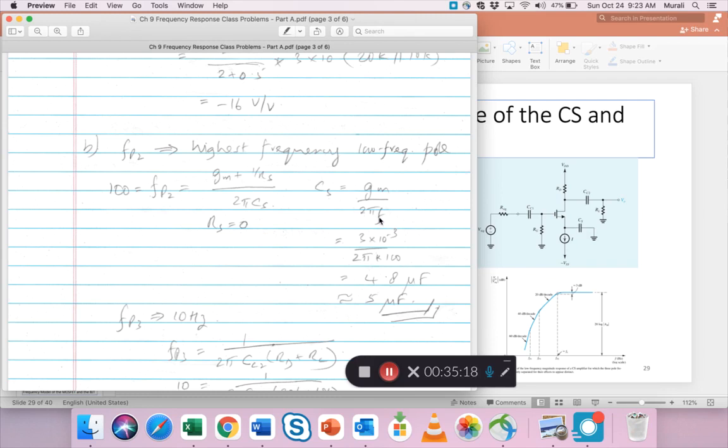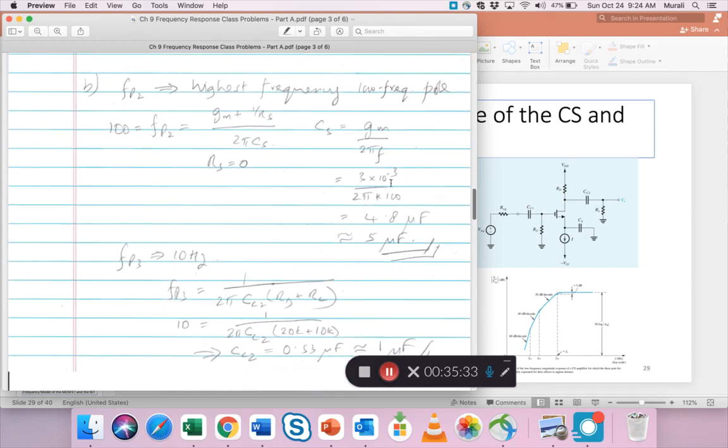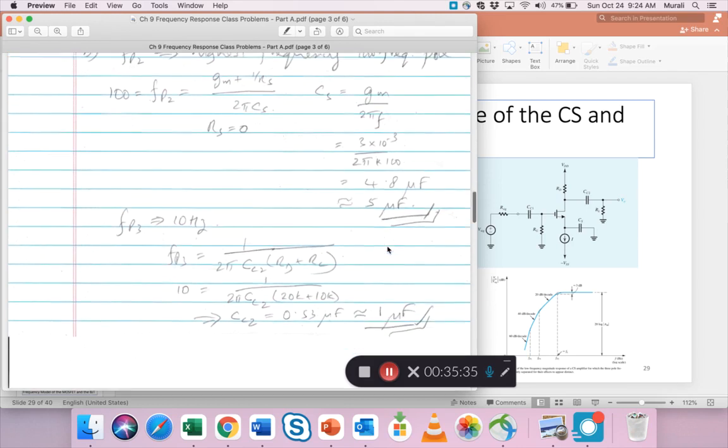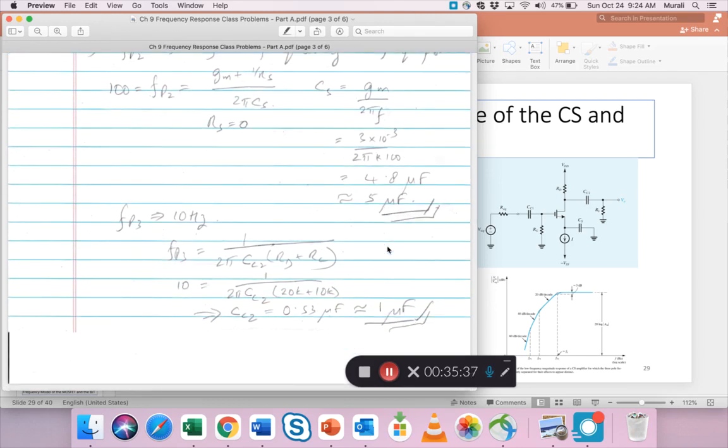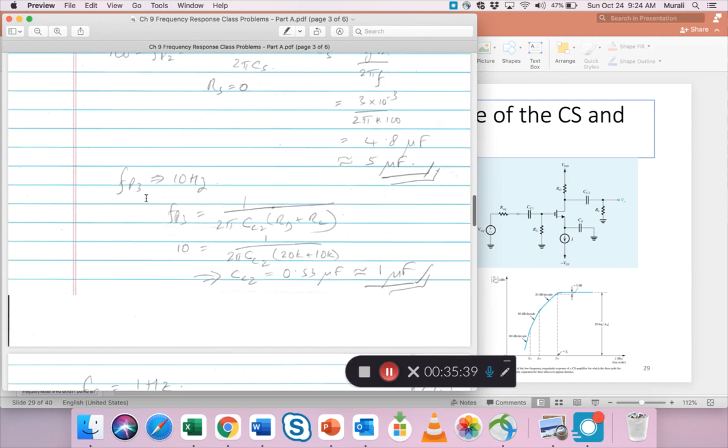So Cs is gm by 2 pi F. So that comes out to be 4.8 microfarads, which you can approximate to 5, because he wants us to approximate it to the nearest available real capacitor.